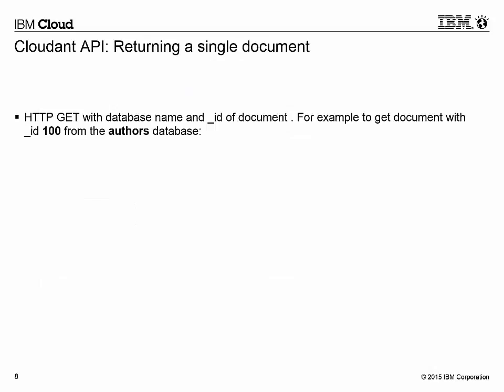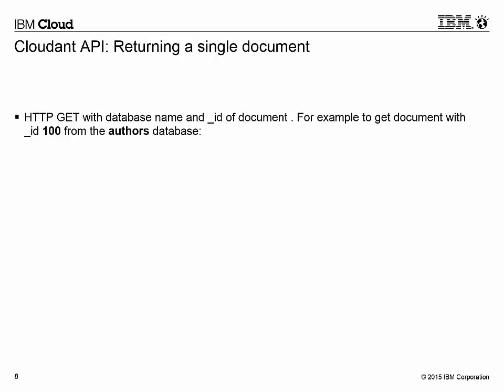So now let's go through the API and look at a few operations. The first operation we'll look at is a very simple one. How do you return a single document? Well, it uses the HTTP GET verb with the name of the database and the ID of the document in the URL.